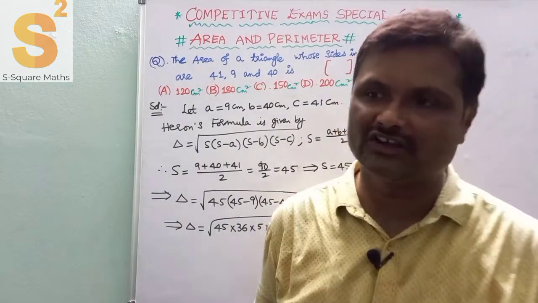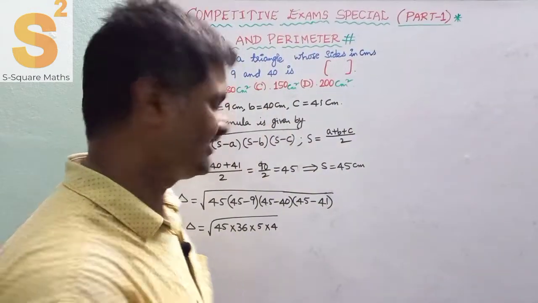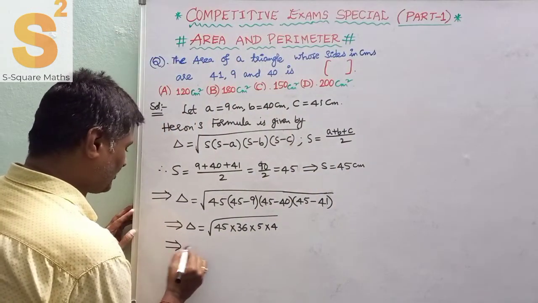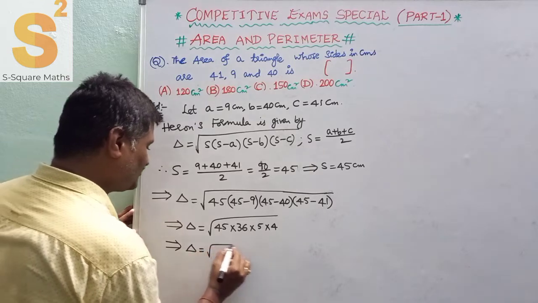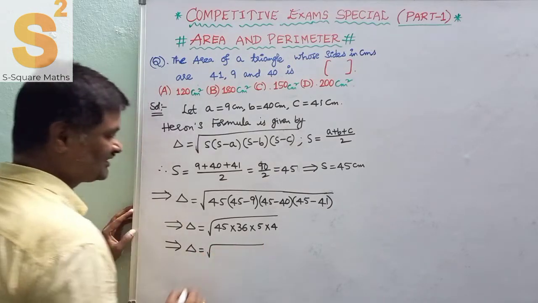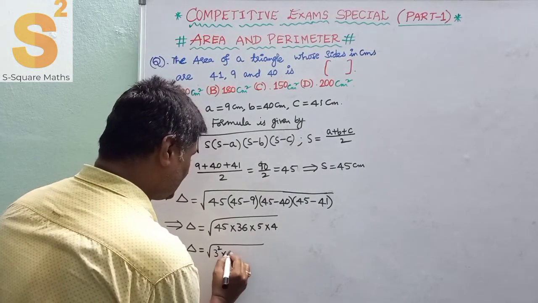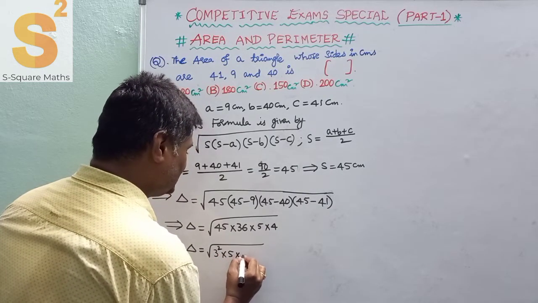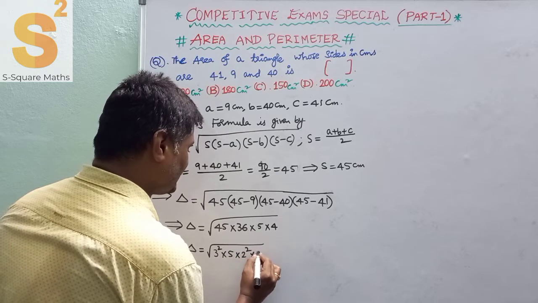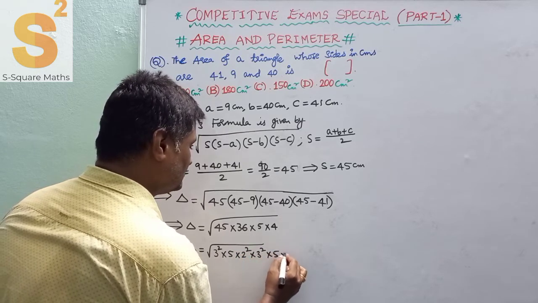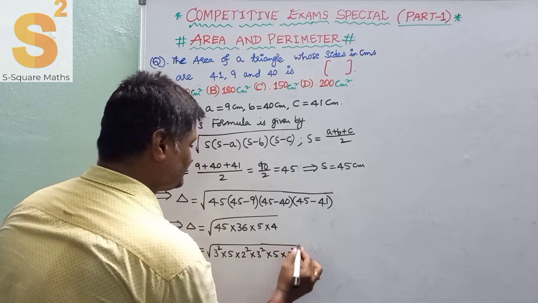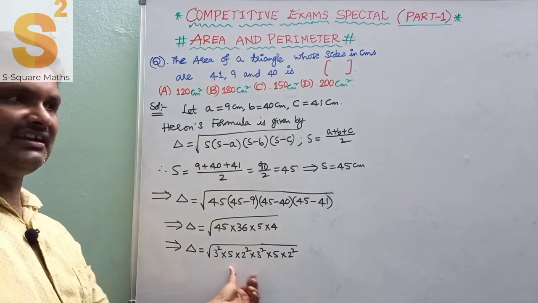Here, in order to avoid that, I am going to simplify in another way. So this implies we go through the prime factorization individually here itself. So 9 into 5, I can write as 3 square into 5, and this is 2 square into 3 square, and this is 5 into 2 square. So this is our delta.